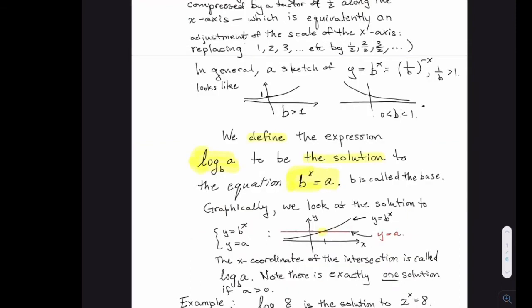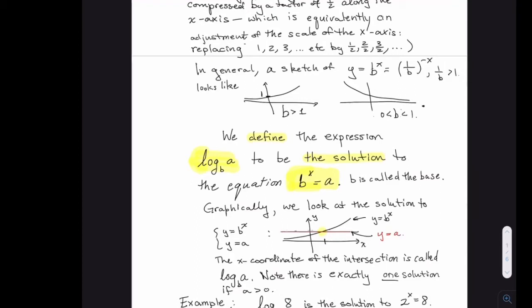This one, by the way, is kind of a picture of what they call exponential decay. So when the base is less than 1, we get decay as we move from left to right in the picture. On the left-hand side, we get growth. That's when the base is bigger than 1.